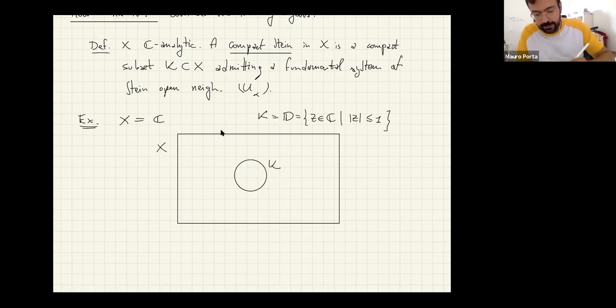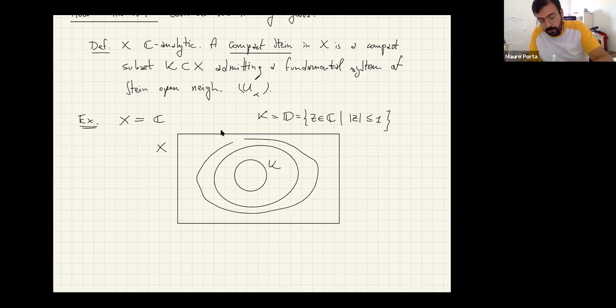Now, the point is that this cannot be a complex analytic space, because there is some border, which is real analytic stuff. So this goes out of the complex analytic category. But it's not really a problem, because you can find some fundamental system of open neighborhoods, something like this, that approximate your thing.